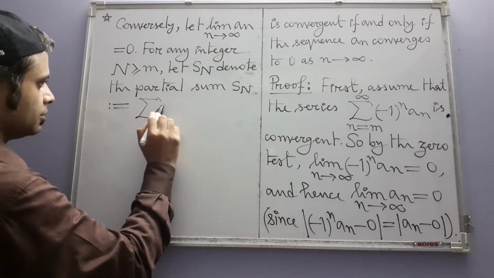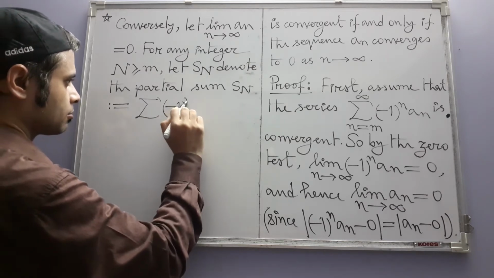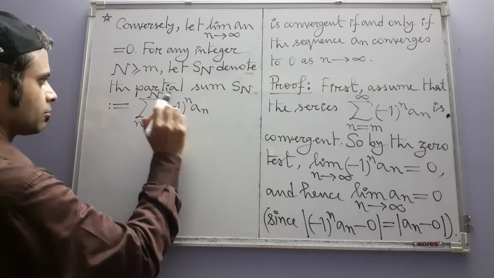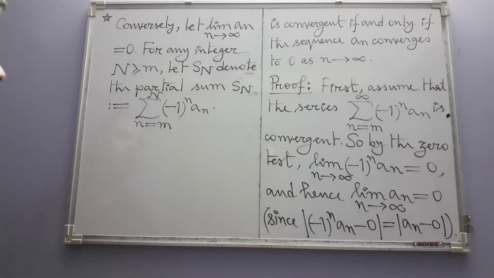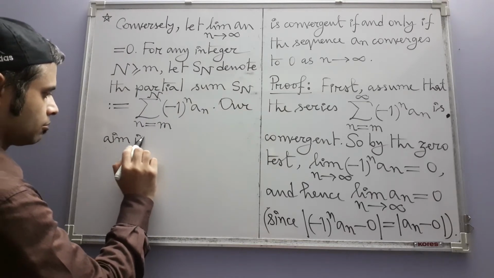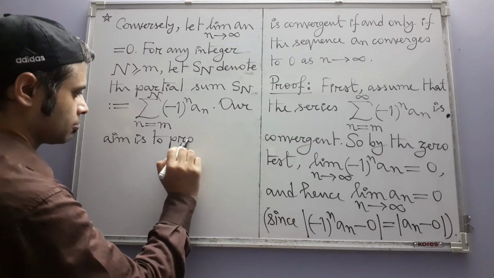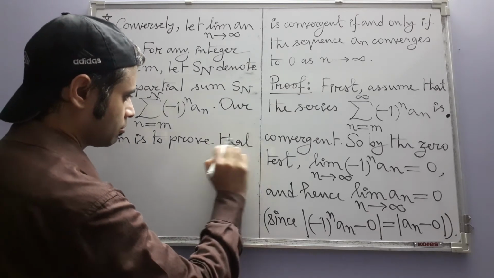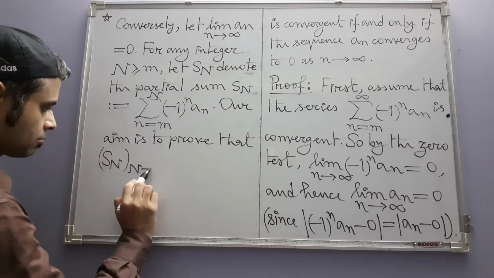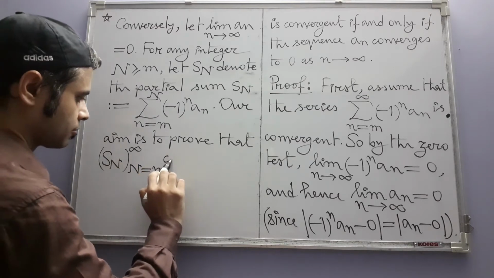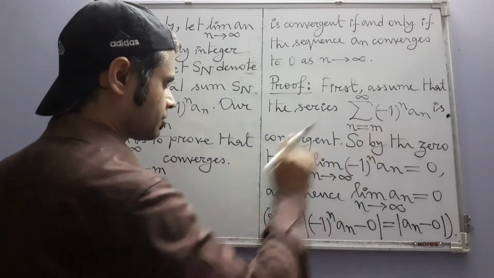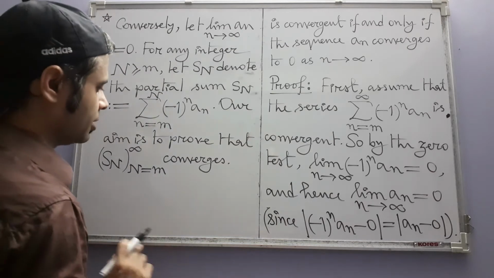Sn is defined to be this partial sum from m to capital N. Our aim or our job is to prove that this sequence of partial sums converges, because then by the definition of series convergence, this will also converge to some real number.